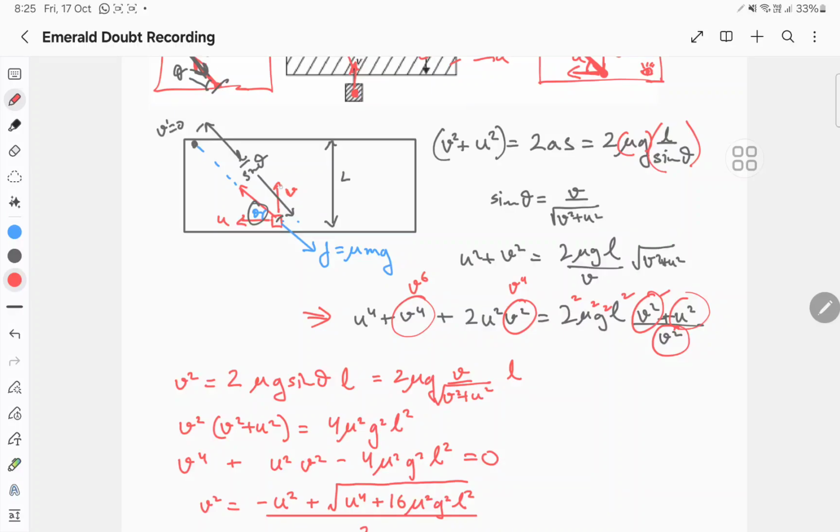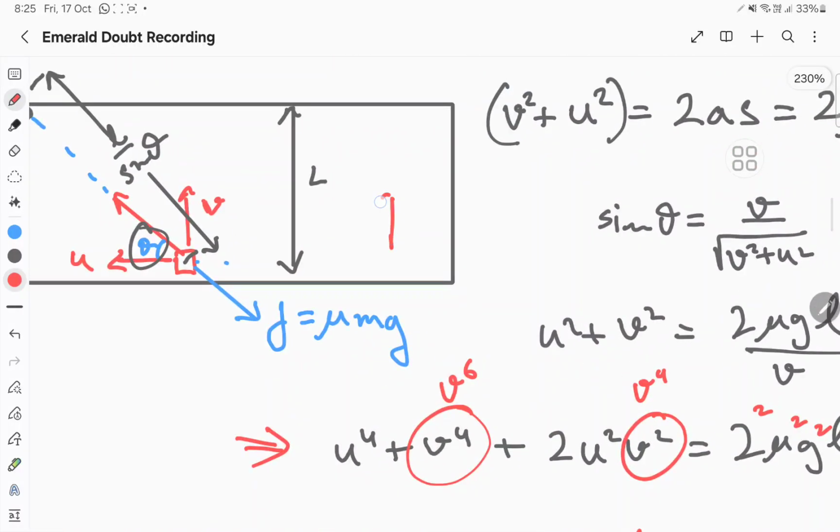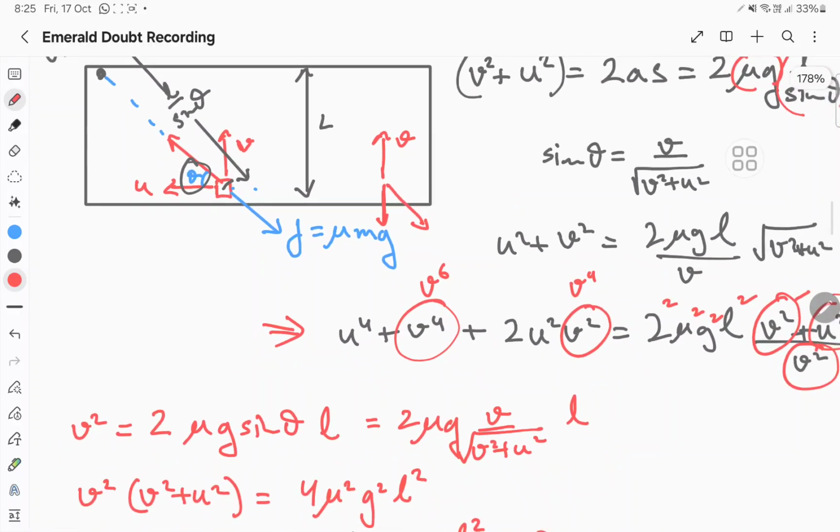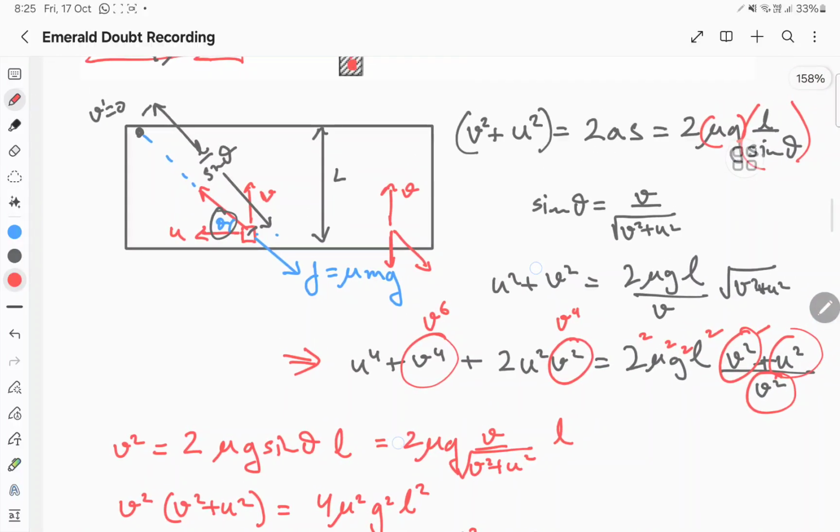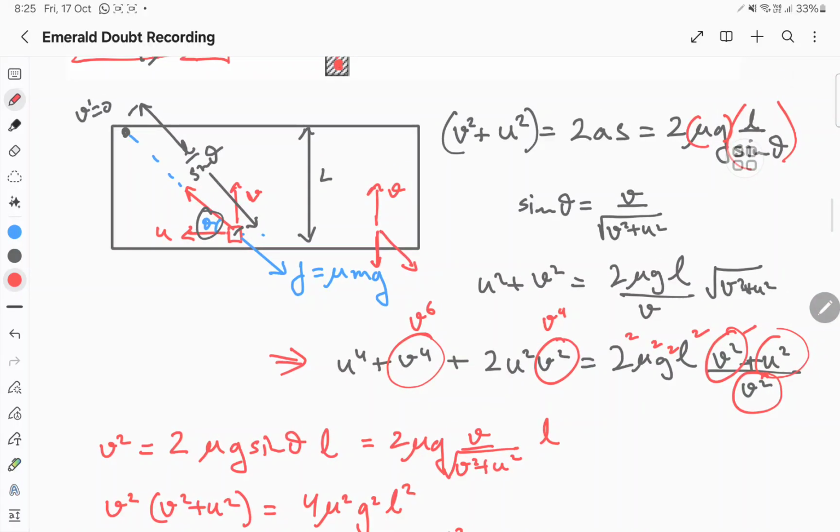The other approach would be, we'll just take the vertical component. So vertical component was v. So the friction which is acting this way has got a downward component. So the downward component of the friction will be your mu mg sine theta.